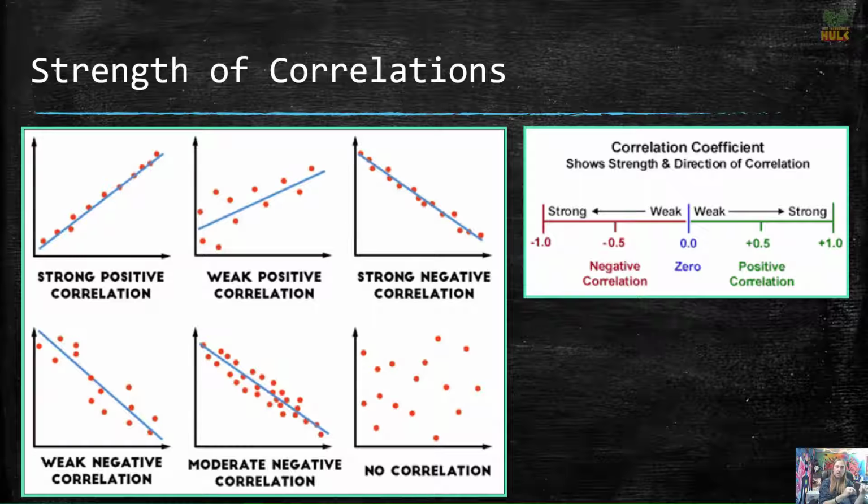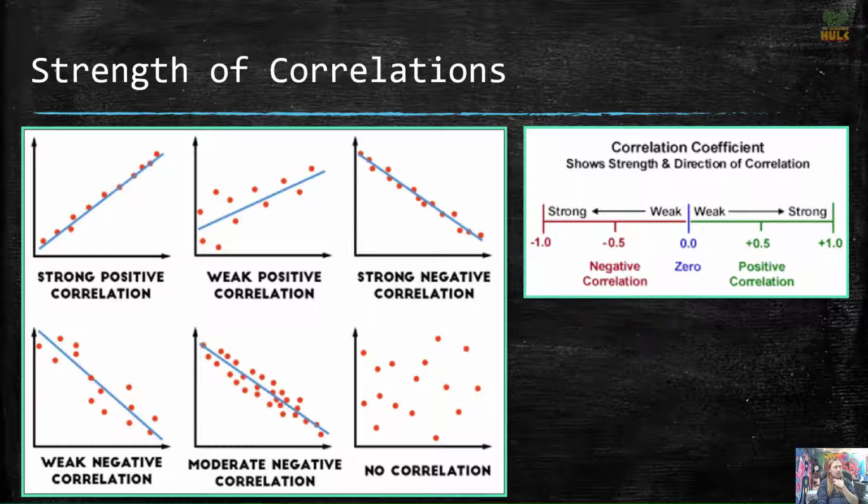And if it's because they're both going up, so it looks like an uphill, up and to the right, that's what we call a strong positive correlation. If they're not as close to that line, it'll be a weak correlation. If they're super tight and the line's going down, it's a strong negative correlation, right? So you've got weak, we have moderate, we have strong, and then of course we have no correlation.